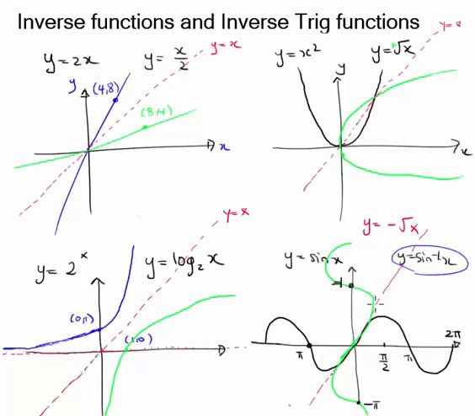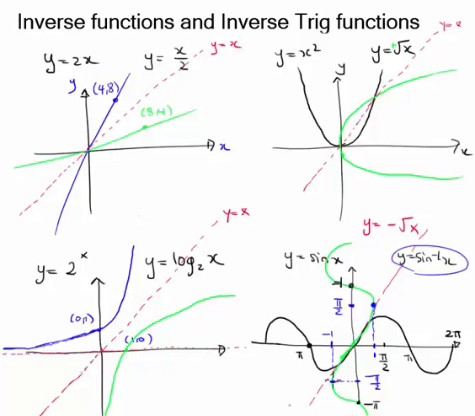So what we do is we only take, you see how that point pi on 2 is right here, so that's 1. That point there is pi on 2, and this point over here is negative pi on 2, and it goes in the x direction 1, in the y direction negative 1.